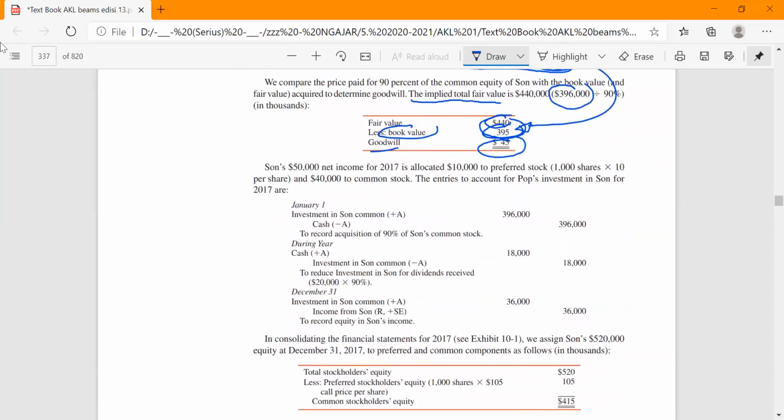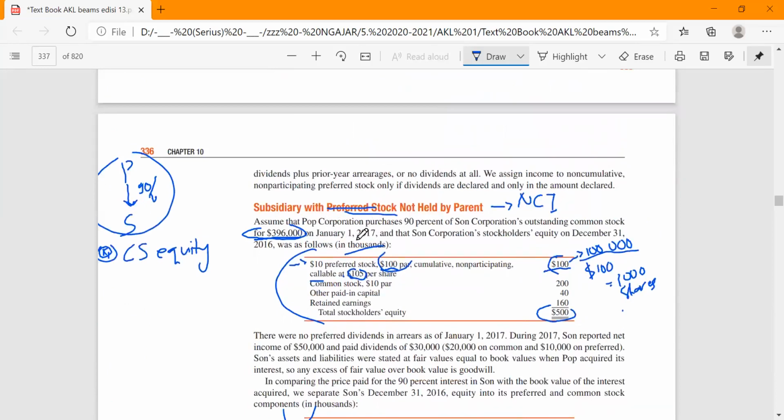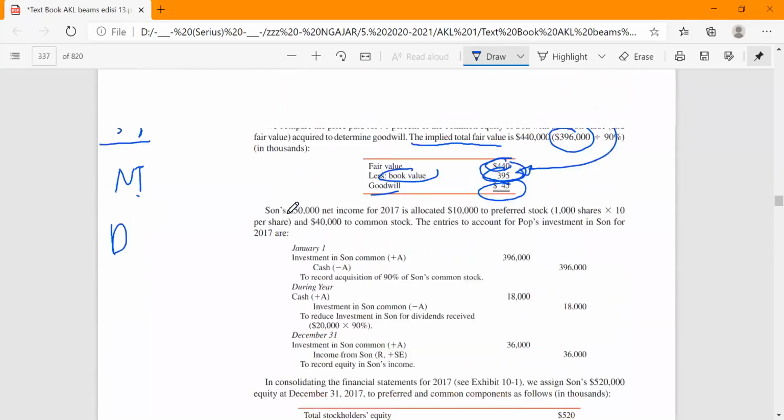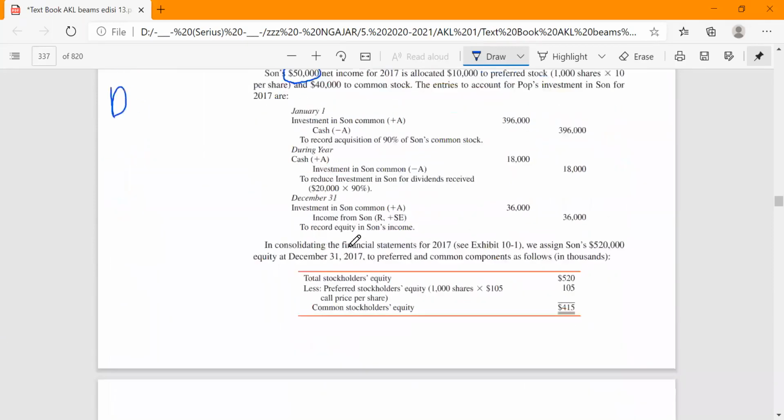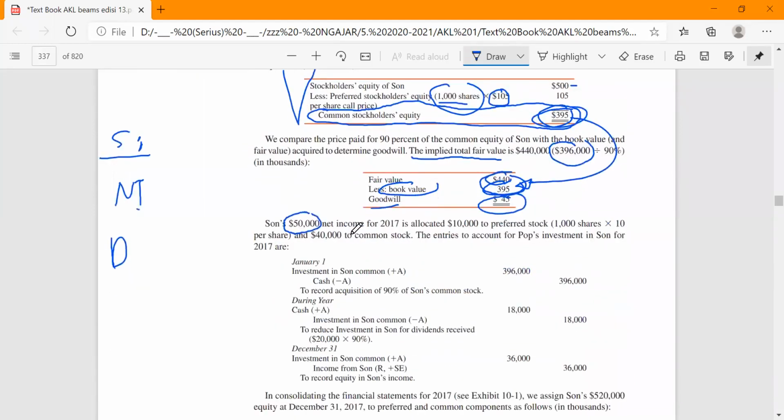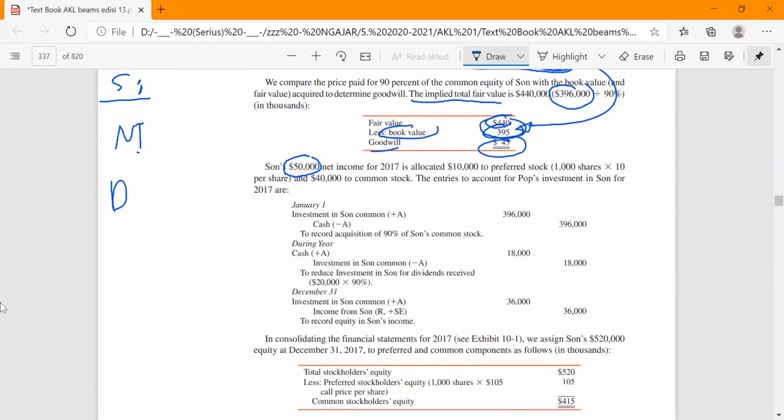And then on the next part, we get the information about the net income and dividend of S in 2017, the year after P acquired S. S got the net income of $50,000, and the information about the dividend is also relying on this.